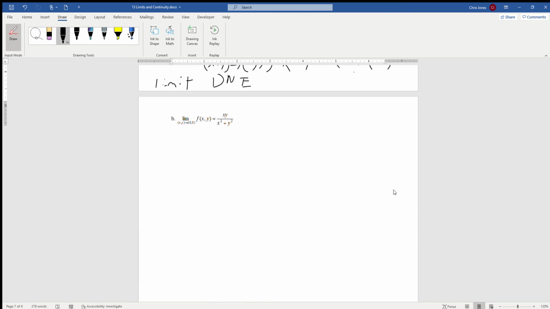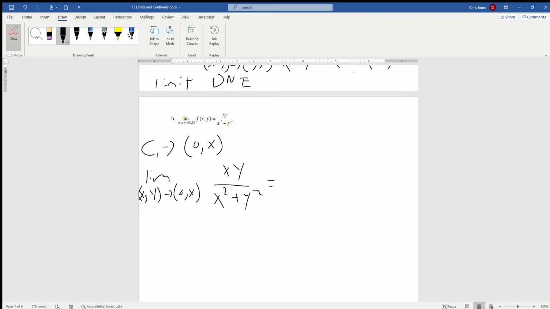So a second example: the limit as (x, y) approaches (0, 0) of xy divided by x squared plus y squared. Let C1 be the path, let's just try (0, x). It's trial and error. So the limit as (x, y) approaches (0, x) of xy over x squared plus y squared.